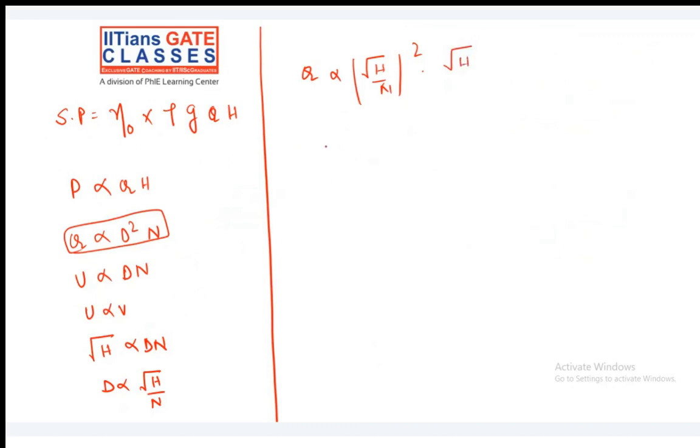So q thing is done. So now can I say that power is directly proportional to qh? So power is now directly proportional to square root of h by n whole square into square root of h into h.